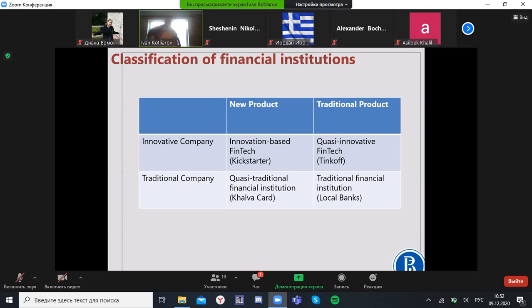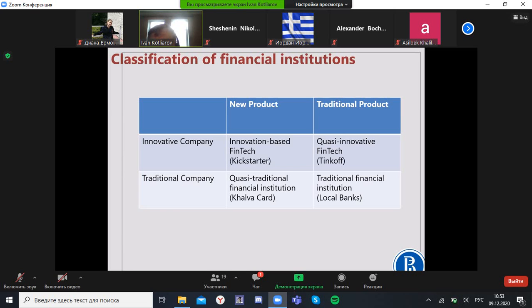An innovative company may offer traditional products. Ladies and gentlemen, it is quasi-innovative fintech. Tinkoff, guys. Tinkoff is often described as a very innovative company. Indeed, it uses virtual space to promote its services. It has no physical offices, etc. But from the point of view of the product range, it is a pretty traditional bank.